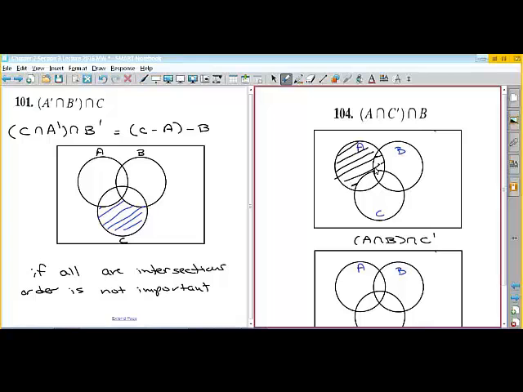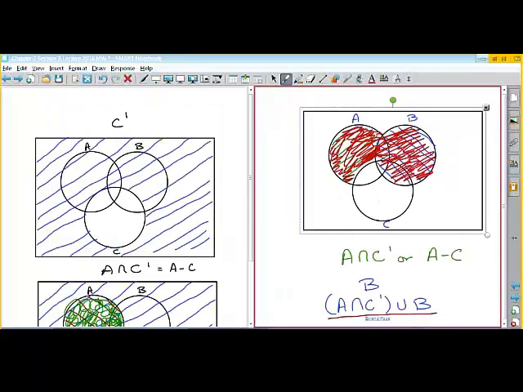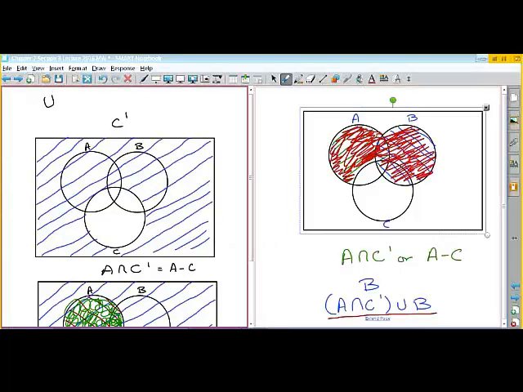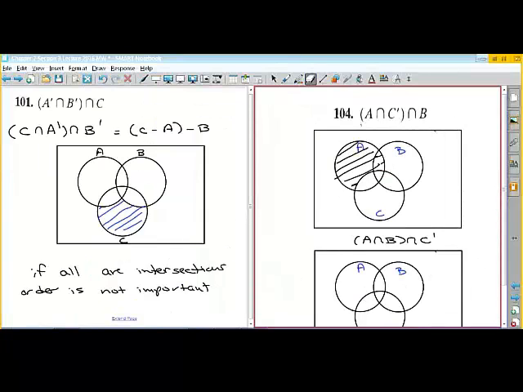What does it mean? The complement of something is back here. So if I wanted to know what the universal set is, I just color everything in. That's the same thing.